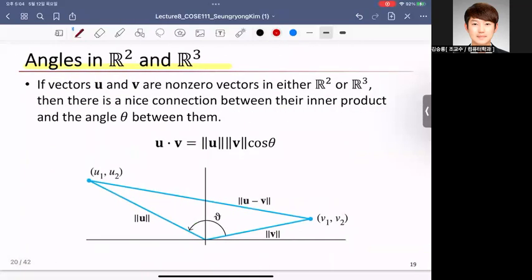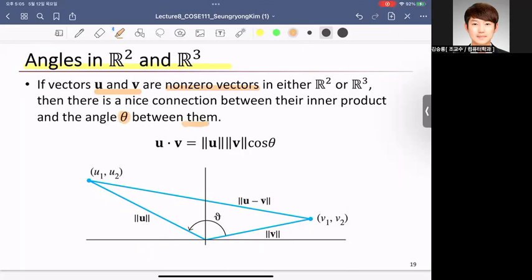And one more very important concept is the angle between vectors. Vectors U and V are non-zero vectors in either R2 or R3, then there is a nice connection between their inner product and the angle theta between them.